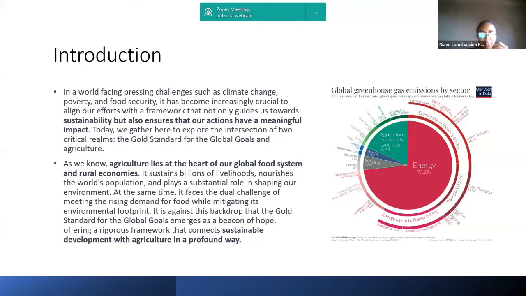At the same time, it faces the dual challenge of meeting the rising demand for food while mitigating its environmental footprint. It is against this backdrop that the gold standard for the global goals emerged as a beacon of hope, offering a rigorous framework that connects sustainable development with agriculture in a profound way.